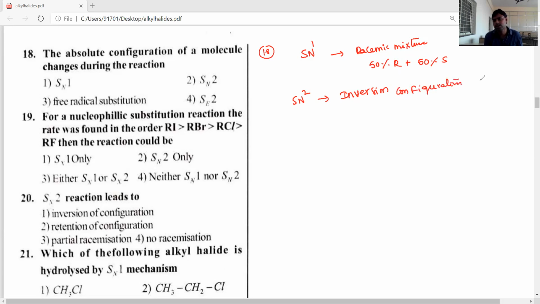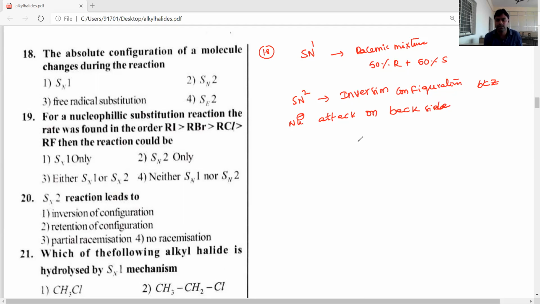Inversion configuration, because the nucleophile attacks on the backside.